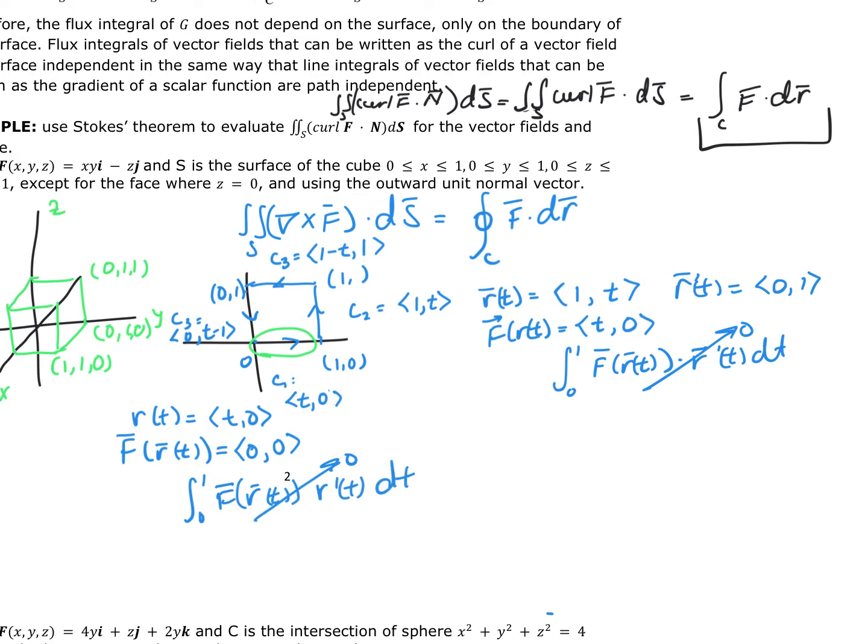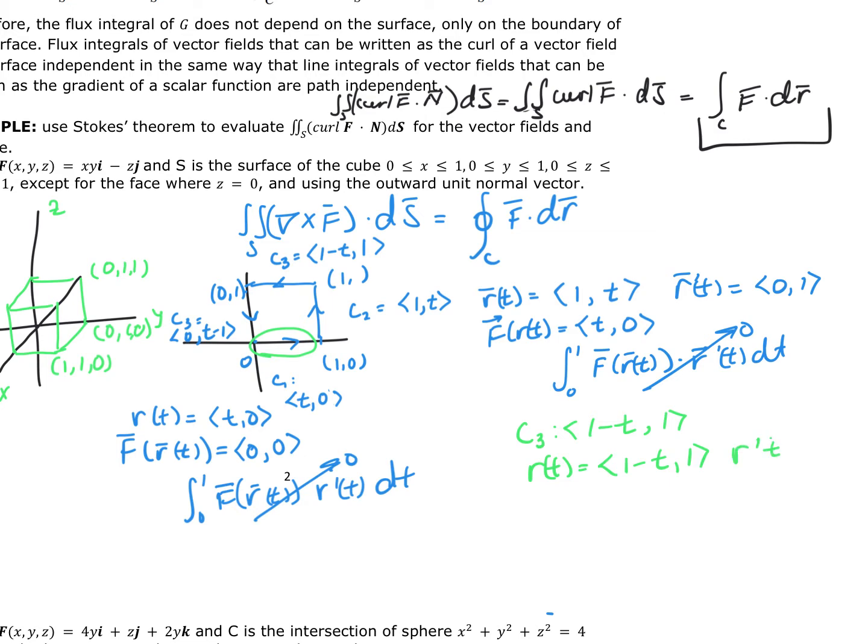Let's look at my third one. So let's look at C sub 3. C sub 3, I had 1 minus t, comma 1. So my R of t is going to be 1 minus t, comma 1. That's looking promising.